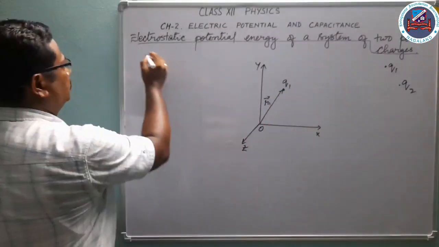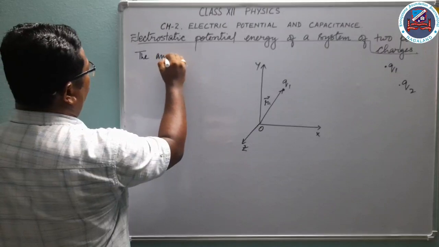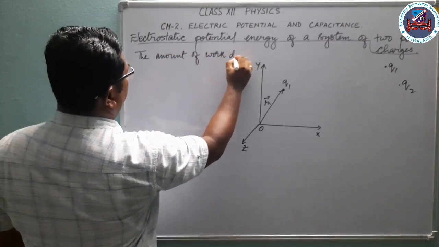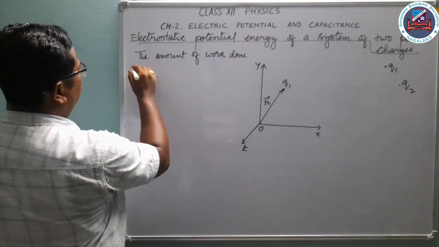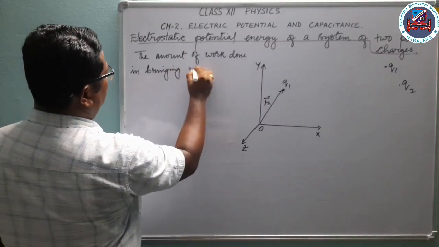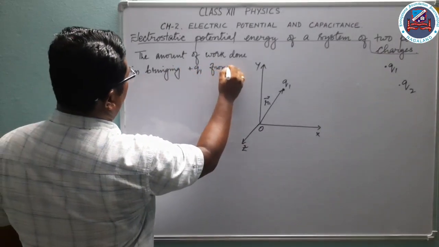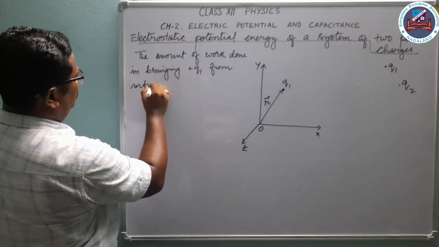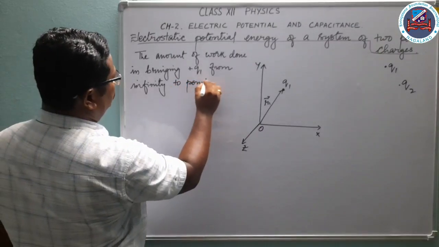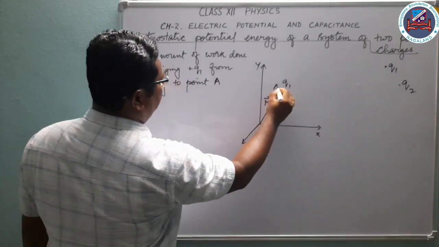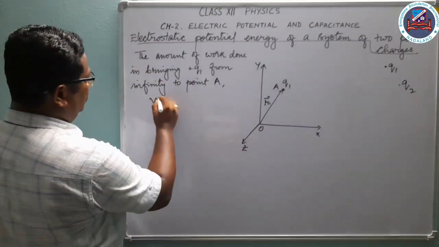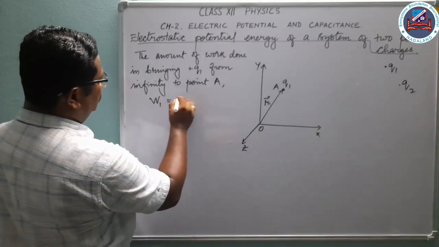The amount of work done in bringing plus Q1 from infinity to point, let us say A, here at point A I have brought, will be given by, let me call it W1, it will be 0.